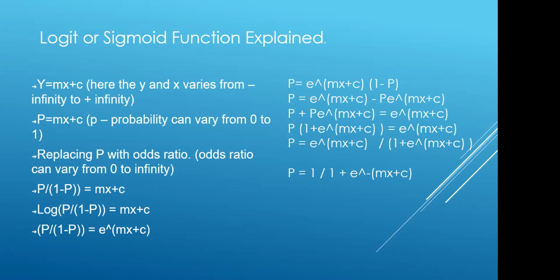Okay. After this, in this range, we use a threshold value to classify the class. As I said before, if it is greater than the threshold value, it is predicted as class 1. If it is less than the threshold value, it is predicted as class 0. That is how logistic regression works.